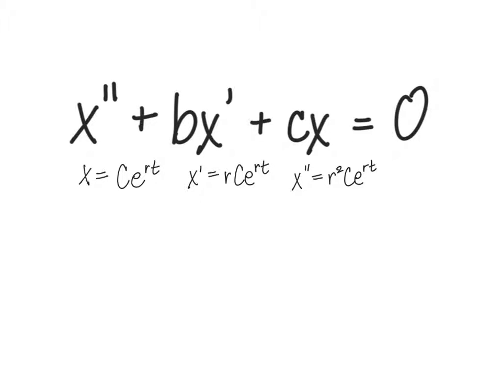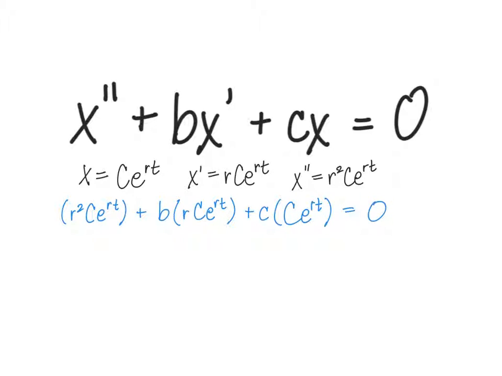When we see under what circumstances a function of this form would satisfy a differential equation like this, we plug in our x, x prime, and x double prime into our original differential equation, and we get that c and r would have to be chosen accordingly.